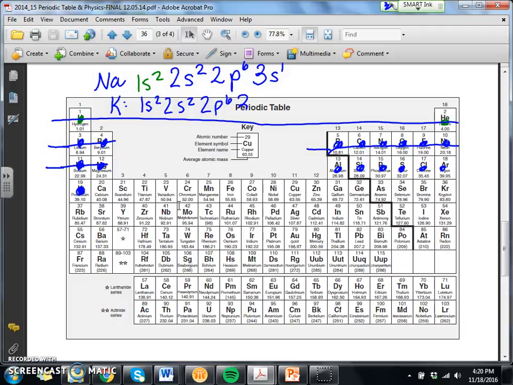So it would be 3s2, come across, 3p1, 2, 3, 4, 5, 6, 3p6, and then I come down here to 4s1. So we can continue to write our electron configuration that way.